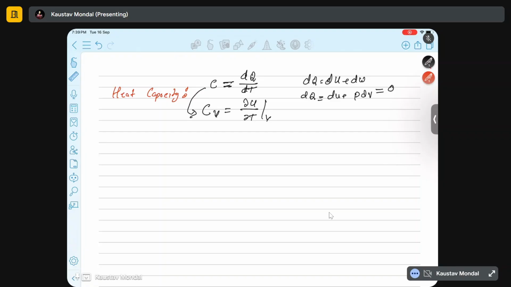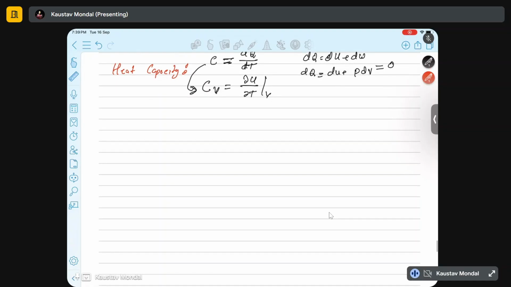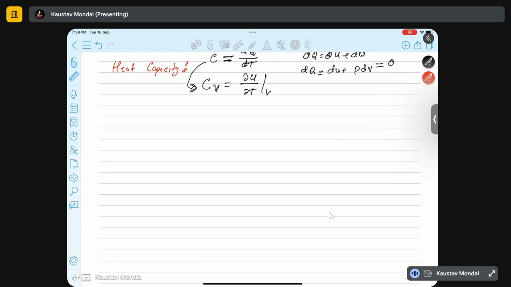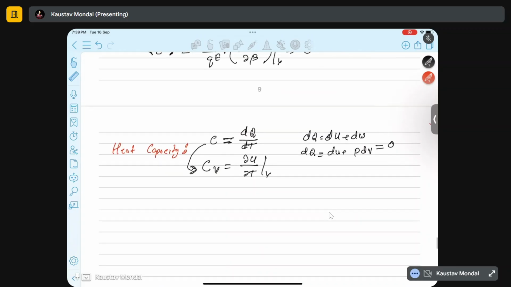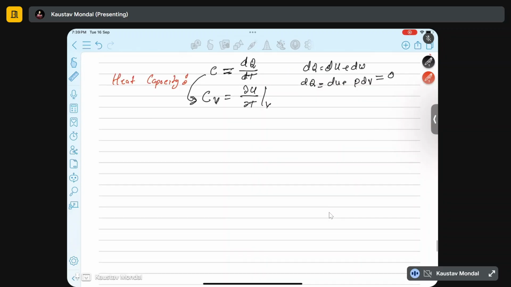So for constant volume, we can write the specific heat at constant volume as del U by del T at constant V, right? So now we got the C_V term here. Now we can simply write d dT as this simplification.